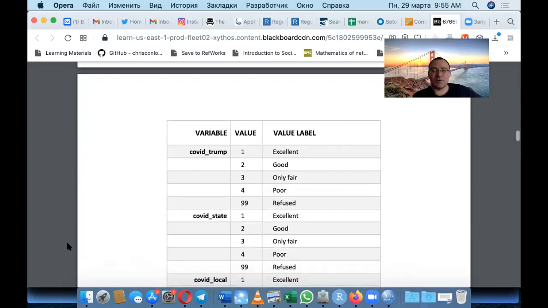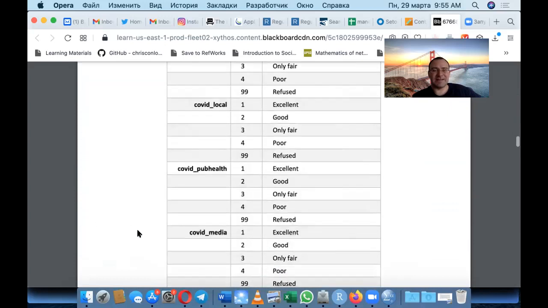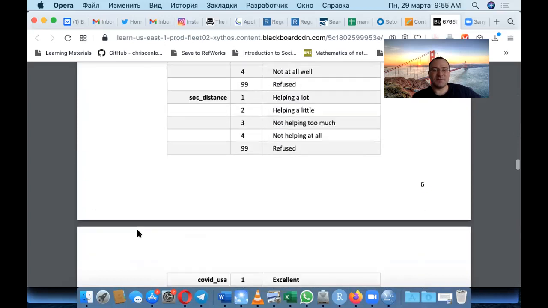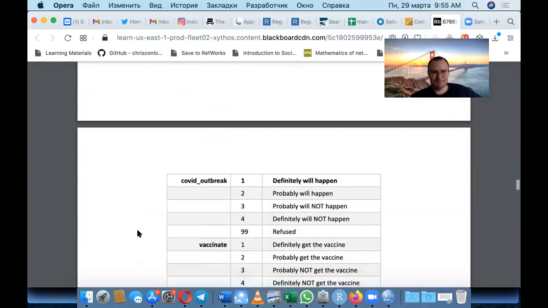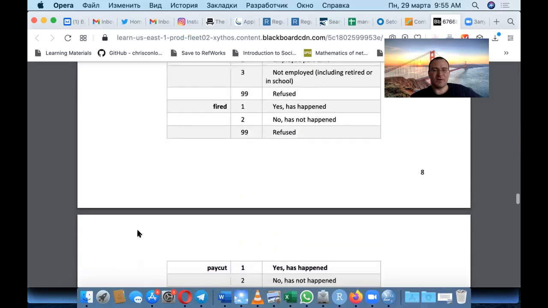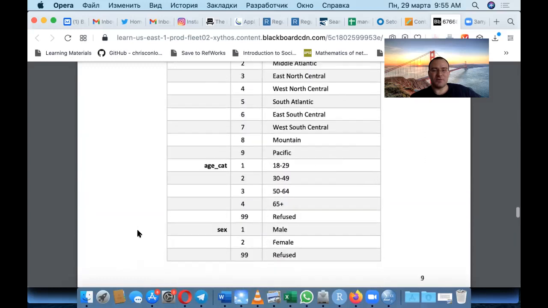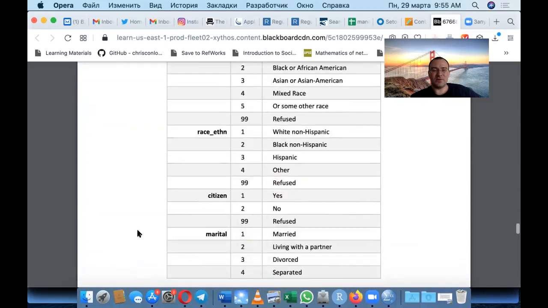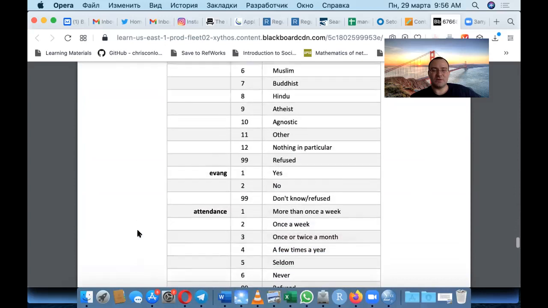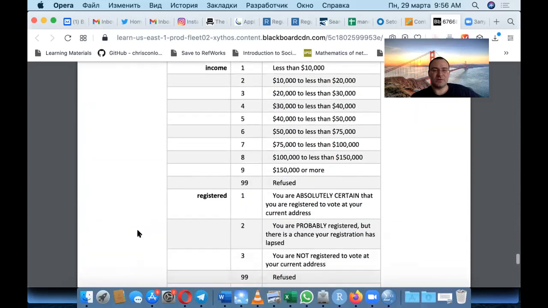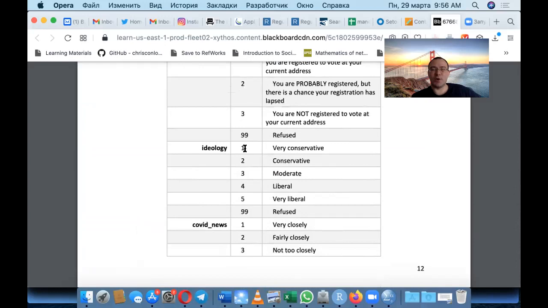You also have to look at the values that variables take. For COVID, 1 means excellent, 2 good, 3 fair, 4 poor, and 99 means people refuse to answer this question. And you look at ideology: 1 is very conservative and 5 is very liberal.